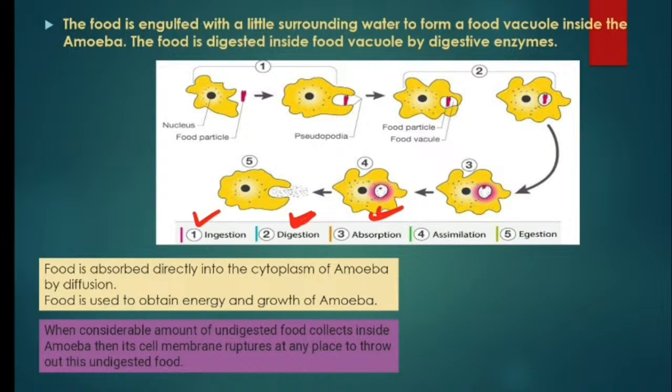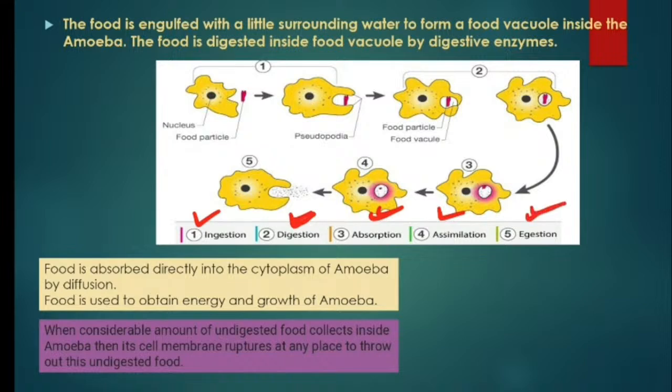Once it is absorbed, it has to be transported towards all the parts, and once it is assimilated, once the nutrition from the food is completely taken, it becomes undigested food, and the undigested food, whatever is left, is then thrown out of the cell with the help of a process called egestion.